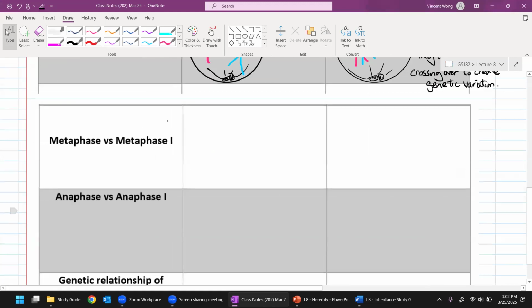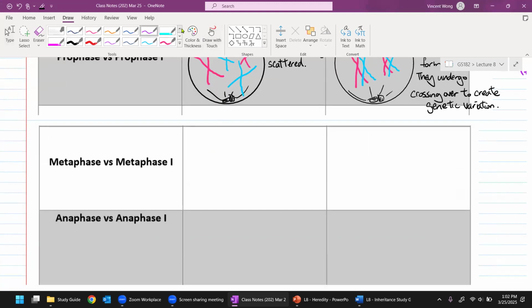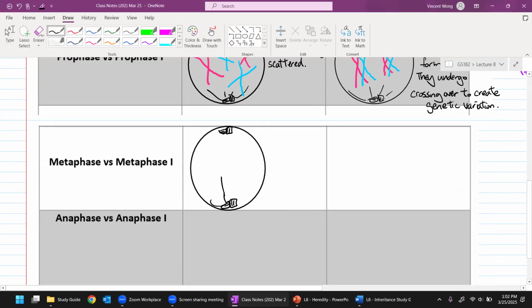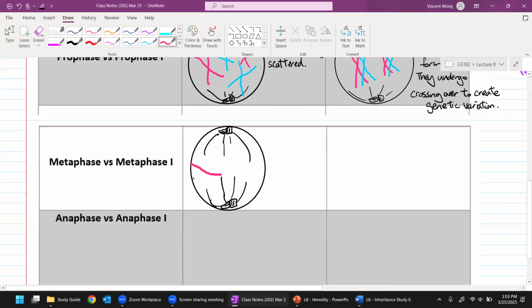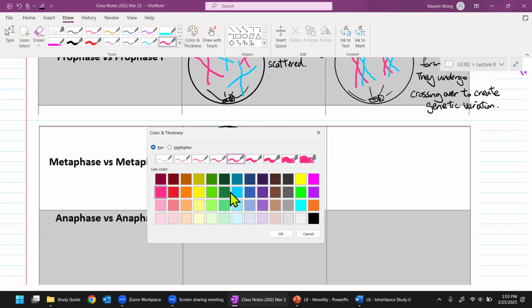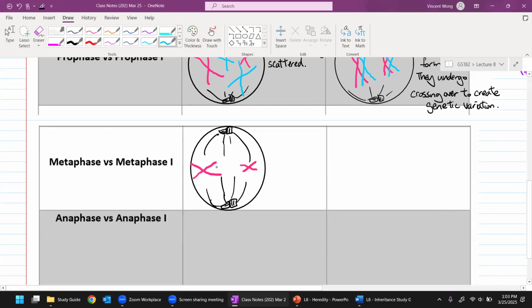Okay, so next, we have metaphase. Let's do normal metaphase for mitosis. So in mitosis, we're gonna have the chromosomes lining up in the center.